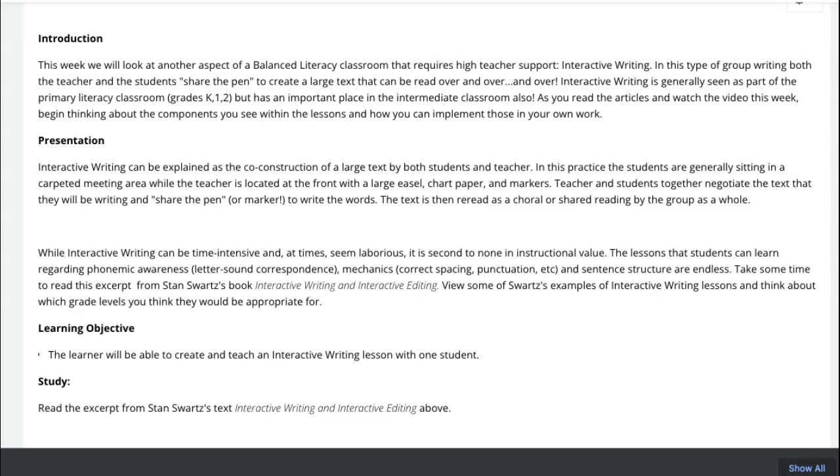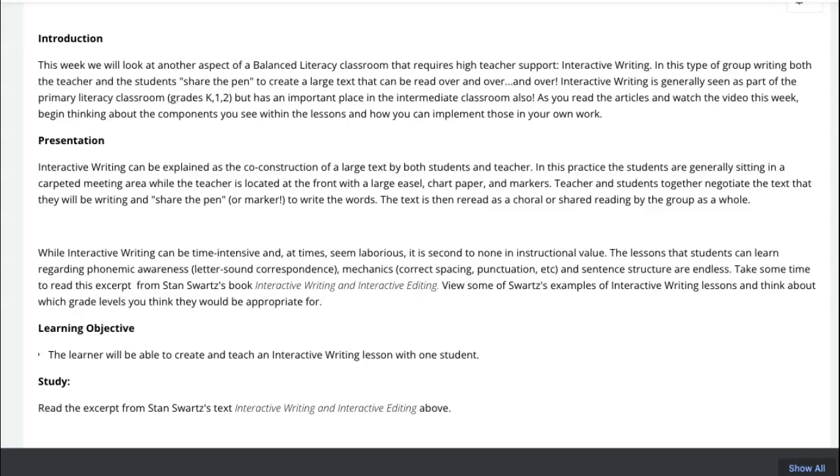Number 4, constructing the text. Once the text is composed, the teacher and the children write together. They are sharing the marker back and forth. This is written letter by letter, or letter cluster by letter cluster, word by word across the page, having that return sweep to begin the new line, leaving appropriate spacing between words and lines.